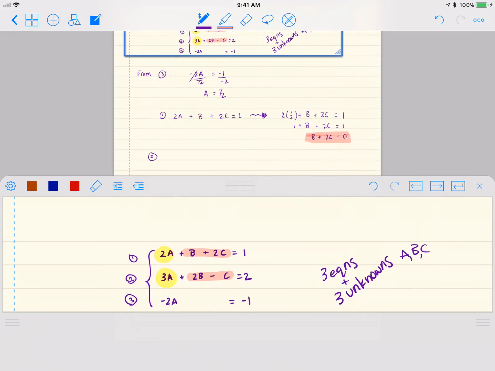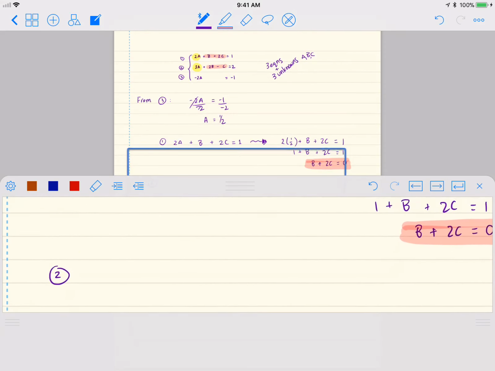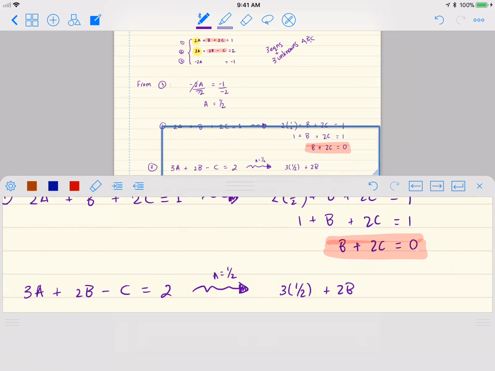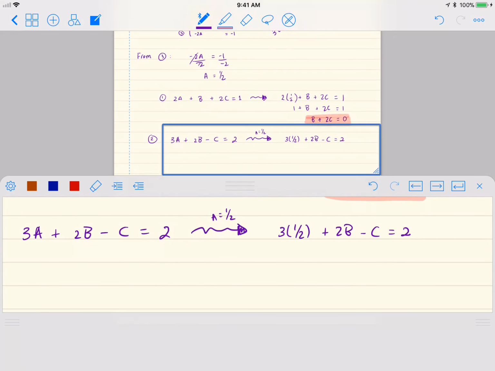Okay, now what about our new equation 2? What was 2? 3A plus 2B minus C equals 2. And then we're going to add in the fact that A is equal to 1/2 to get 3 times 1/2 plus 2B minus C equals 2. We're going to simplify that.